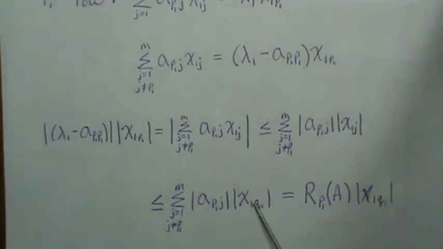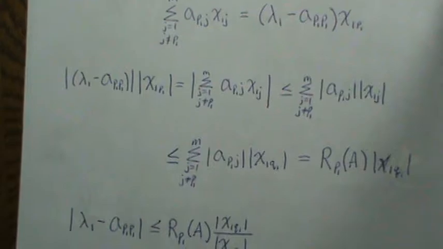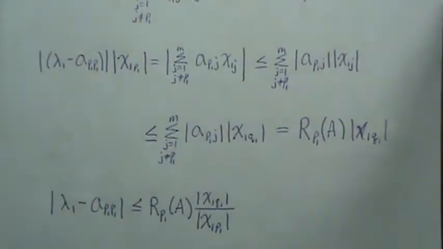There's no index here, so it can be taken out of this sum, and this sum is the Gershgorin row sum of the pth row, times the second largest element. So this is less than or equal to this. Now if we divide both sides by this number, we get this relationship.